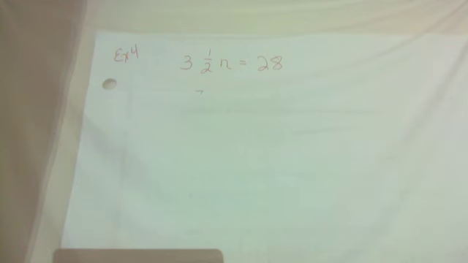All right. We have one more example. Example 4. And again, we've seen this before. If I have a mixed number, so it's 3 and 1/2 n is equal to 28, before I can even undo this, because I know I'm going to have to undo multiplication, so I'm going to have to divide or multiply by the reciprocal, but before I can do anything with the mixed number, I have to turn it into an improper fraction.